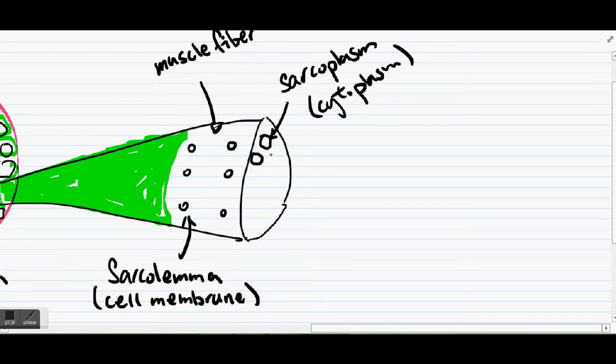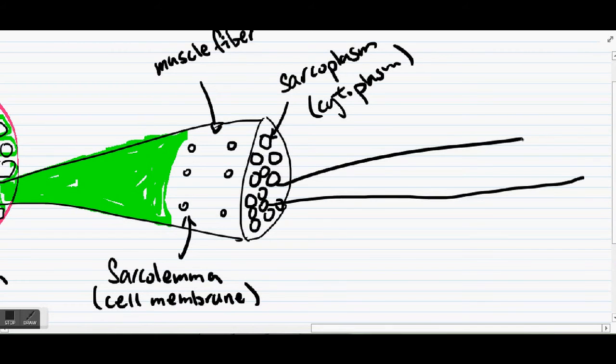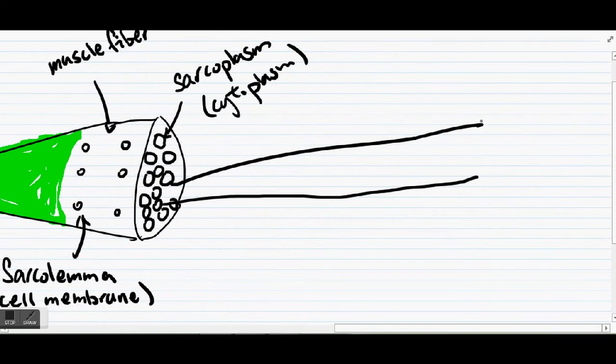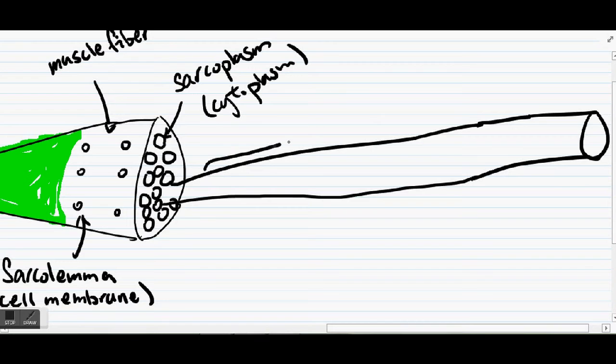And so I'm drawing the cross section of these myofibrils that I'm talking about, and we're going to pull one out again to show you the unique features of it. And so this long thing here, this whole thing that I just pulled out from the cytoplasm of the muscle cell is called a myofibril.